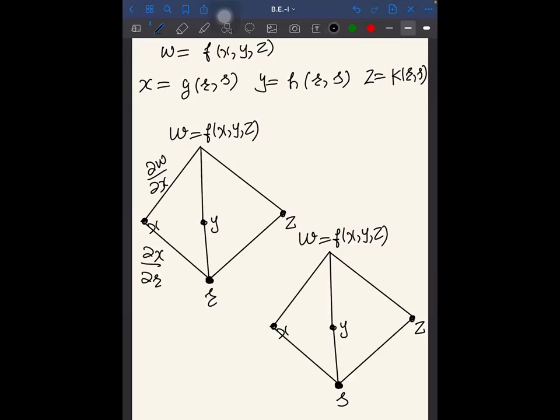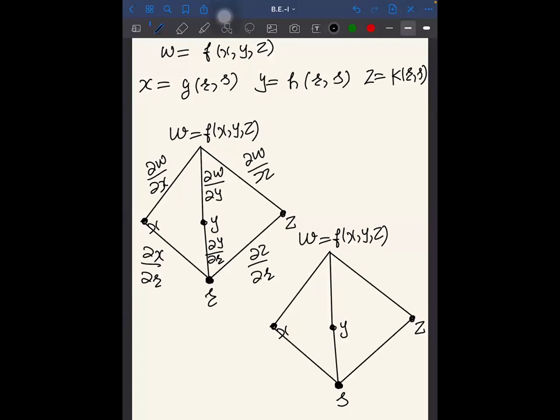There is no one dependent variable, that's why. So that is curly w upon curly y, and here earlier we used to write it dy by dt. Now we'll keep it as curly y upon curly r, and similarly curly w upon curly z and curly z upon curly r. Are you with me on this?